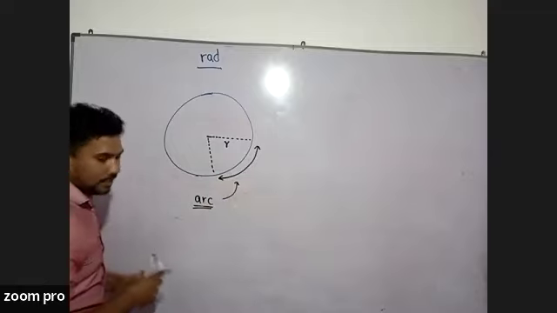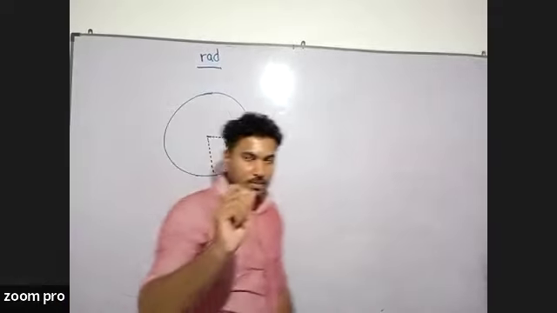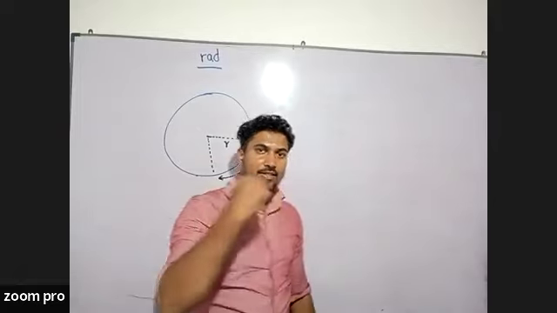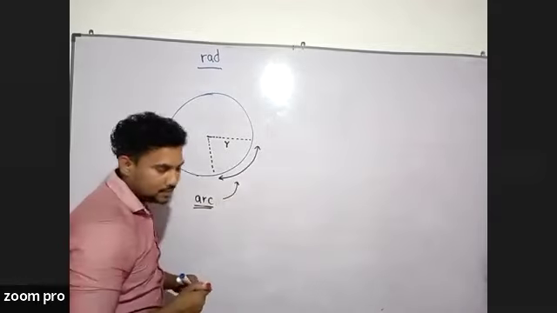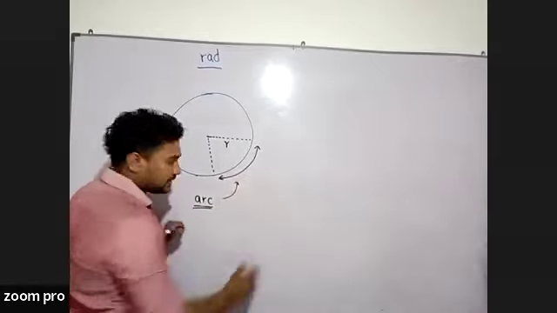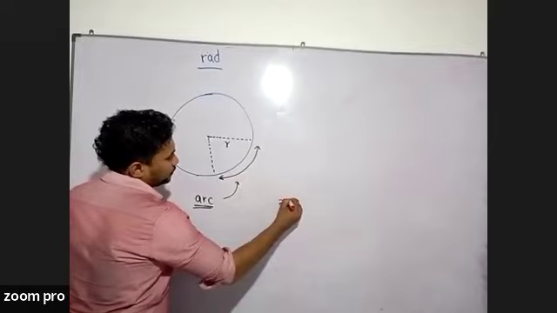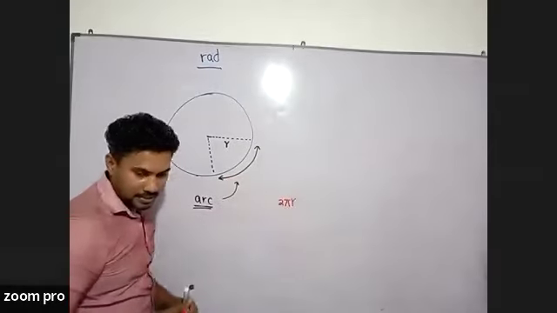Now, if I ask you a question, what is the circumference of a circle, or the perimeter of a circle? It should be 2 pi r, isn't it?